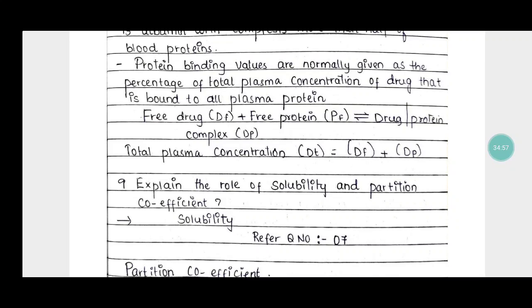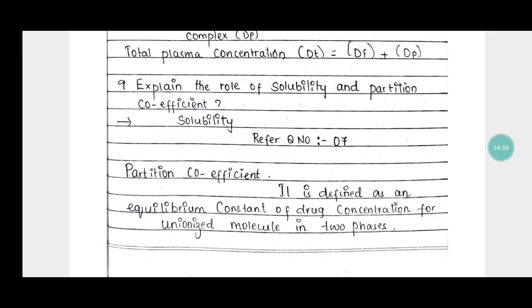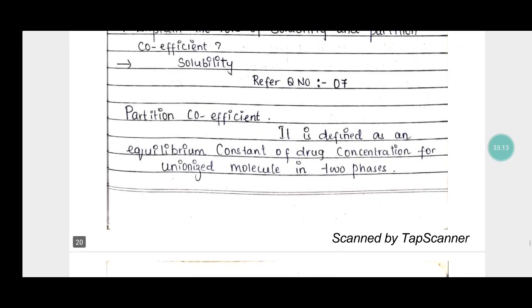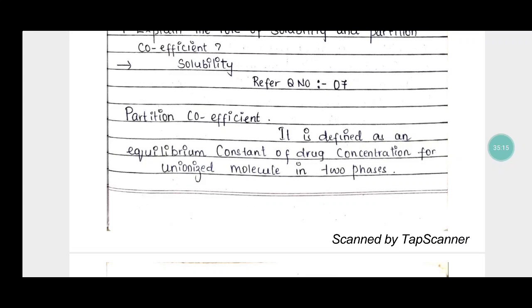Question number 9. Explain the role of solubility and partition coefficient. For solubility, refer to question number 7. I have already explained it there. We will continue with the partition coefficient. The partition coefficient is defined as an equilibrium constant of drug concentration for the unionized molecule in two phases.